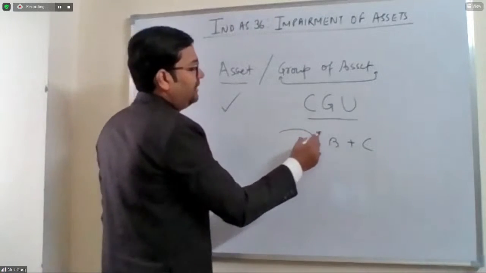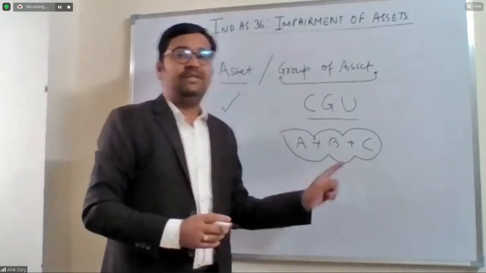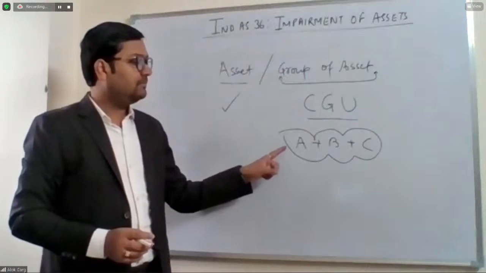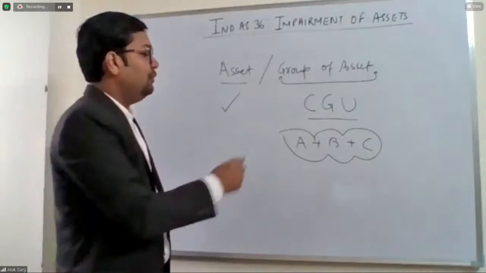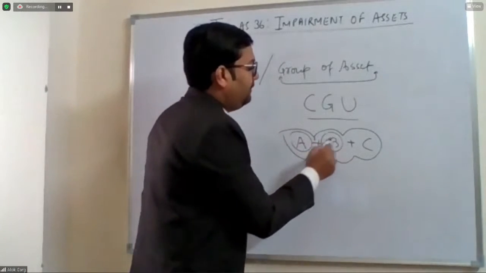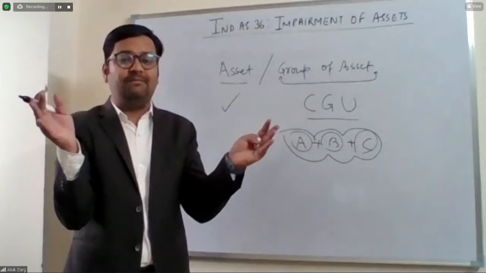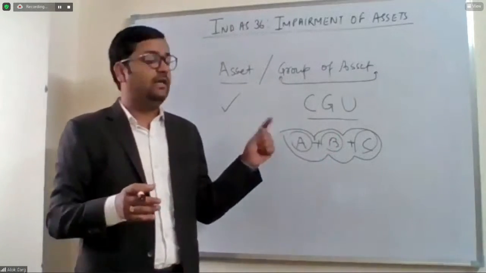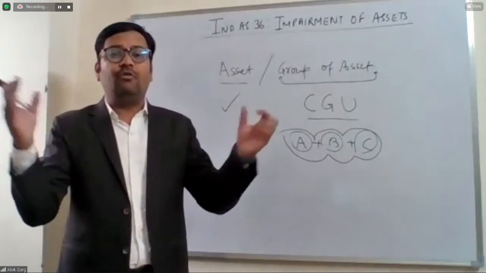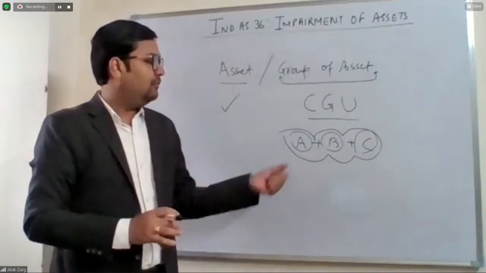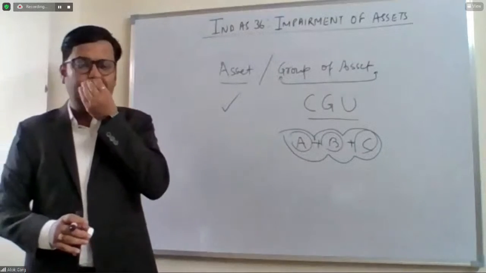Neither of these assets is independently capable of generating cash flow, nor will these assets together be able to generate cash flow. If these three assets are clubbed, they still cannot generate cash flow. So can I say these three groups of assets will be a cash generating unit?